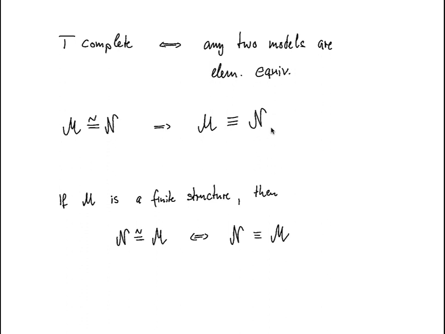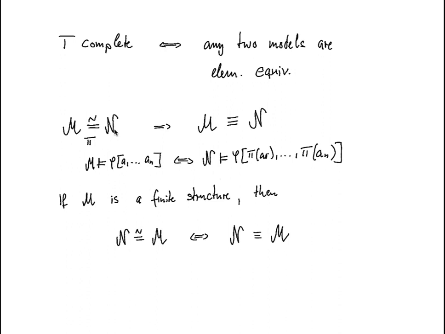The reason is simply that if we have an isomorphism, let's say pi, then we know that a formula phi with assignment a1 up to an to the free variables holds in M if and only if the same formula with the assignment now pi of a1 to pi of an holds in N. And since we're only interested in sentences here, that follows then automatically from the isomorphism property.